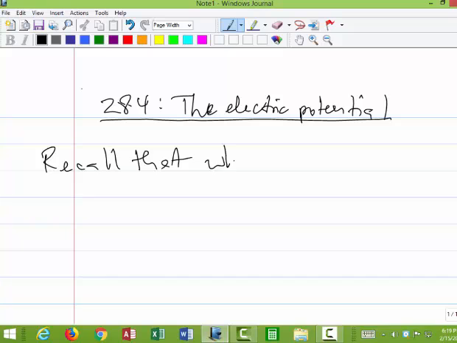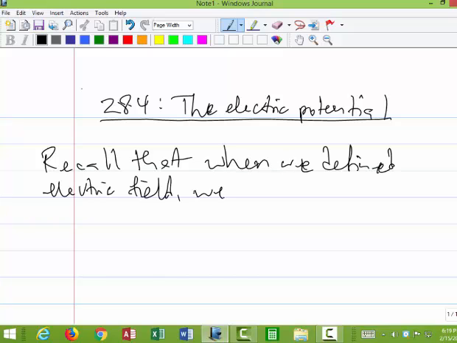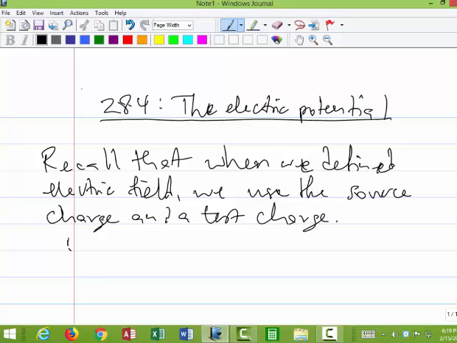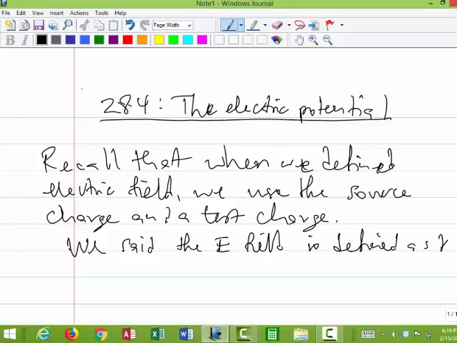So recall that when we defined the electric field, we used the source charges and the test charge. So we said the electric field, I'll just write E field, is defined as the force of source charges on a unit test charge.